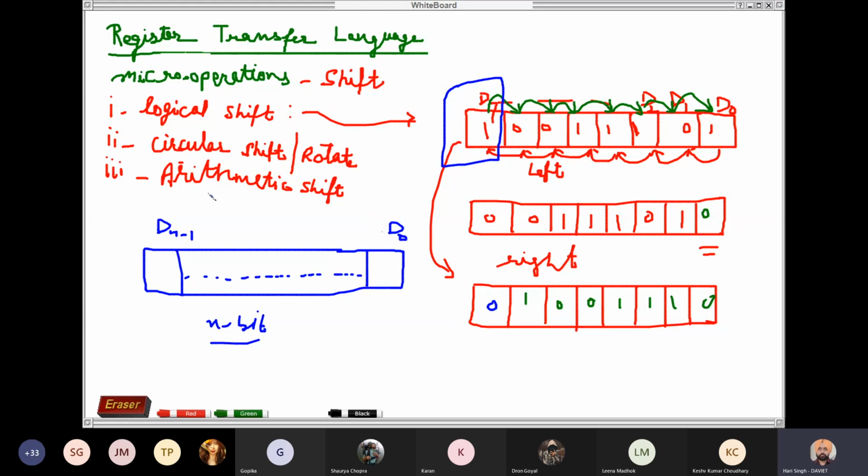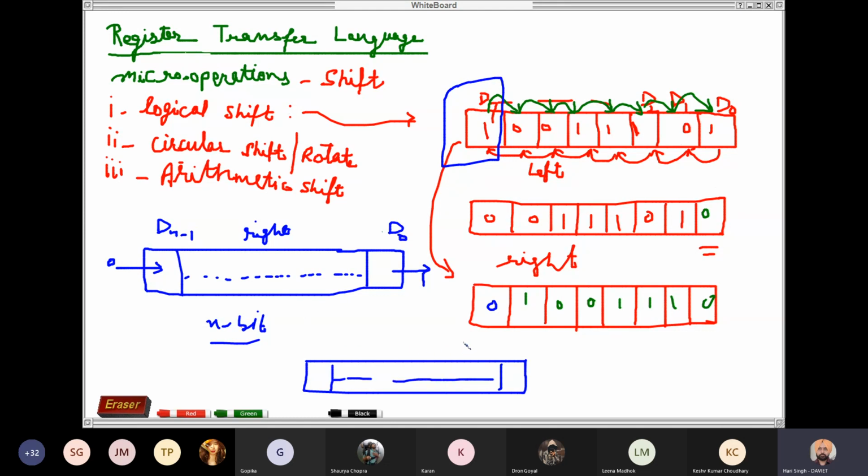D0 is the LSB and Dn minus 1 is the MSB. Now for shift right, 0 enters through the MSB bit, and D0 will go out, that is, it will be lost. So this indicates logical shift right. Similarly, logical shift left can be represented symbolically: these are the bits of the register, and 0 will enter through the D0 bit.